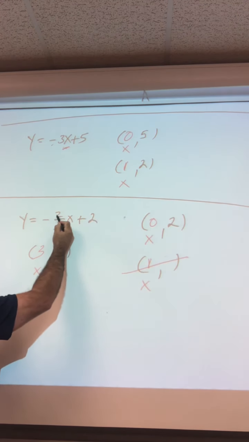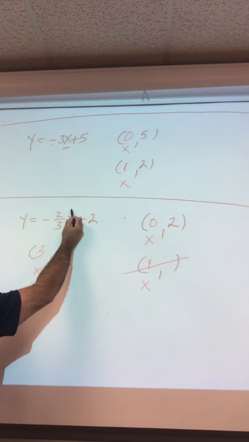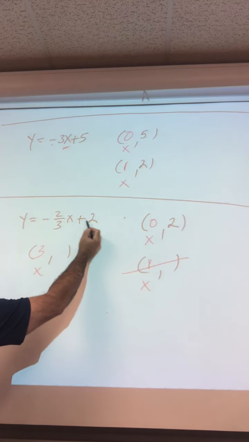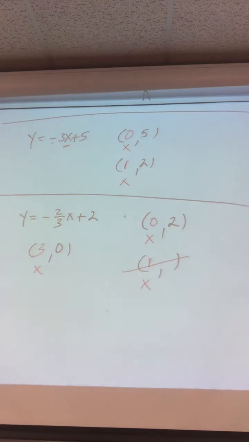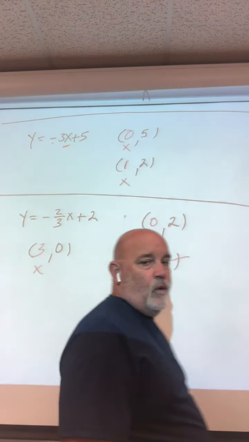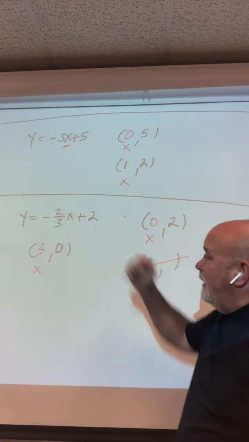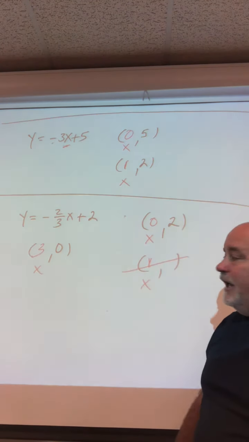But then negative 2 times 1 is negative 2, and negative 2 plus 2 is 0. So that is the best way to deal with those, and you will have some of these. That is the best way to deal with those if you have a fraction in front of the x.